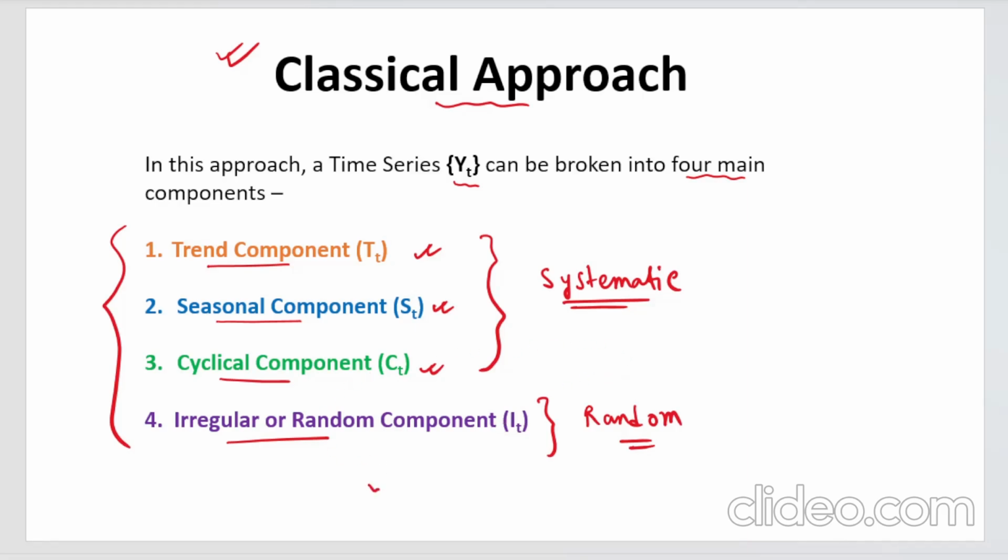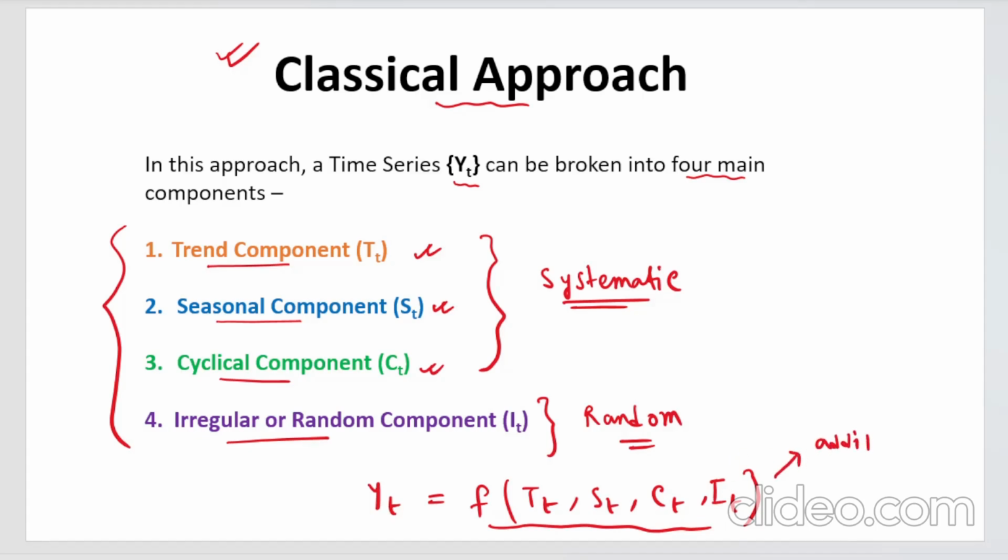So suppose you have a time series process as yt. This time series process will be a function of the trend component, the seasonal component, the cyclical component and the irregular component. Now, these components can be in the additive format, or they could be in the multiplicative format.